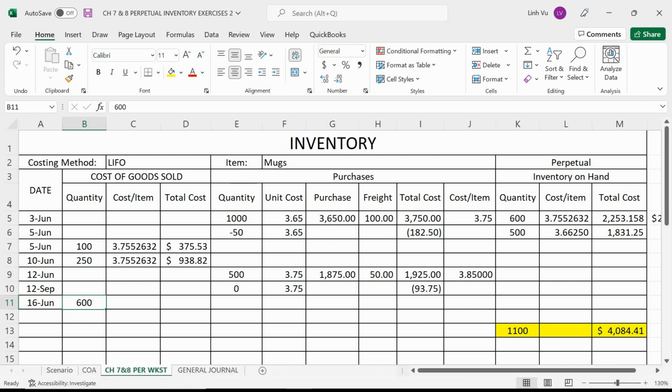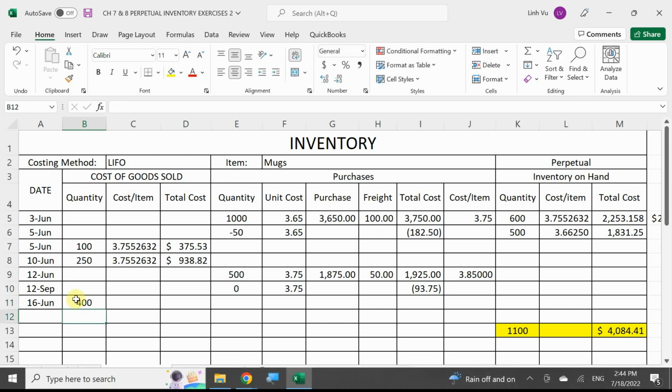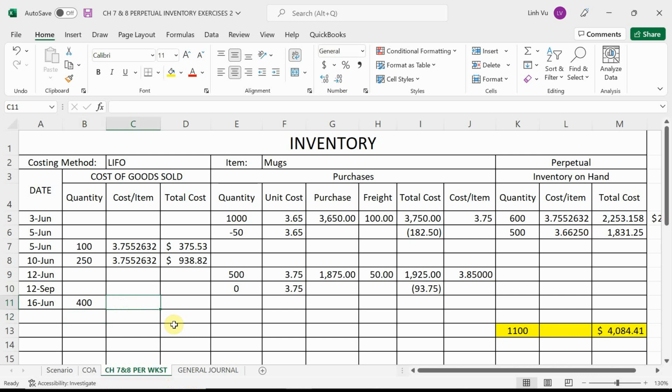So if we knew that we sold regular cups to customer B, since we have to separate those 100 units because they are the large size, then I can only sell 400 of them. Now, what's my cost per item?